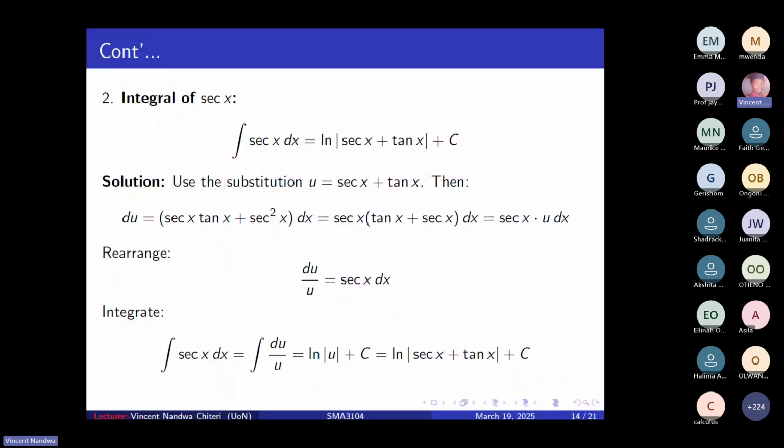Good. So now your new integrand will be sec squared x plus sec x tan x, everything over sec x plus tan x. Are we there? For those who are following. That's where we say let u be sec x plus tan x.